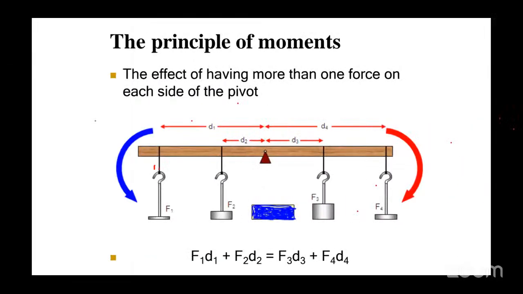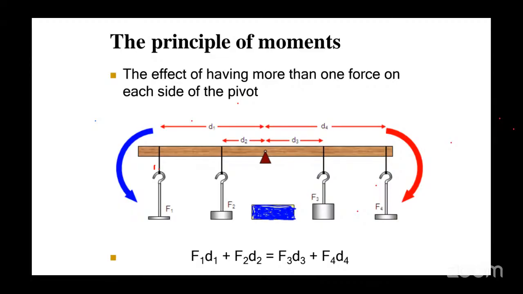So here is another diagram to illustrate. If you look at this diagram, we have 4 masses hanging on a beam. So 2 of the masses, F1 and F2, will be pulling the object down towards the left side, while F3 and F4 will be pulling the object down towards the right side.